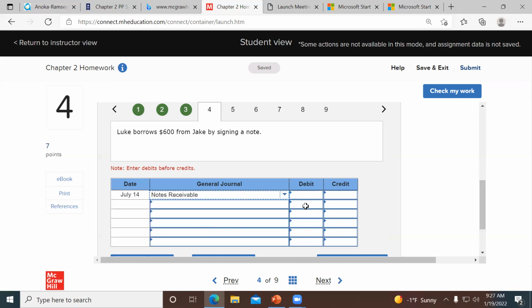Notes receivable, and he used cash to give him the money, right? Does that make sense? Okay.